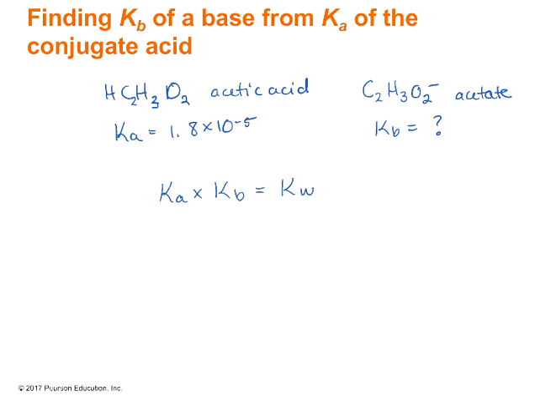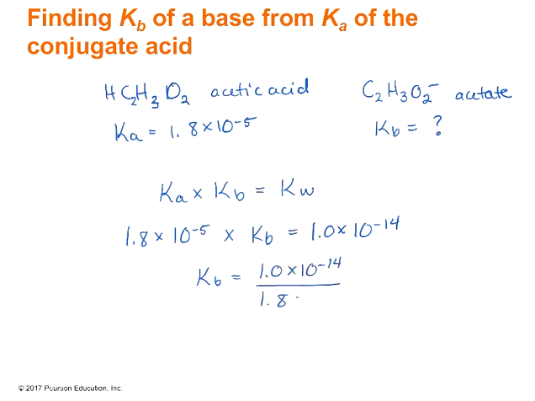So let's plug in what we know. We know that Ka is equal to 1.8 times 10 to the negative 5th. We don't know what Kb is. And then we know that Kw is 1 times 10 to the negative 14th. So if we rearrange, Kb is equal to 1 times 10 to the negative 14th divided by 1.8 times 10 to the negative 5th.